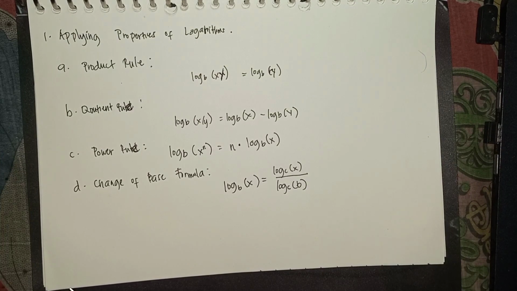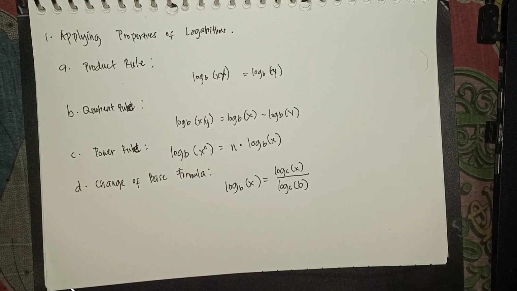This property allows you to convert logarithms with one base to another base by using a common logarithm, base 10, or a natural logarithm, base e. By applying these properties, you can manipulate logarithmic expressions, simplify them, or solve equations involving logarithms.